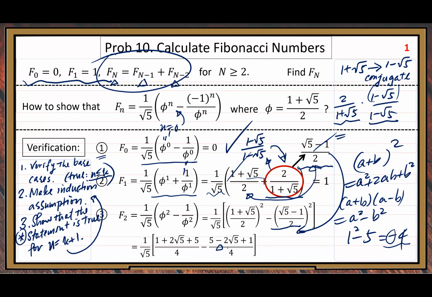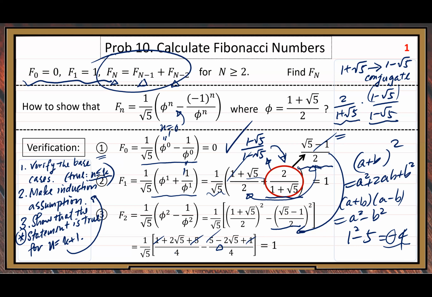Now cancellation, right? So 1 cancel out, the 5 cancel out, 2 root 5 minus negative plus, right? So 4 root 5, but the 4 cancel out, root 5 cancel out, another 1.